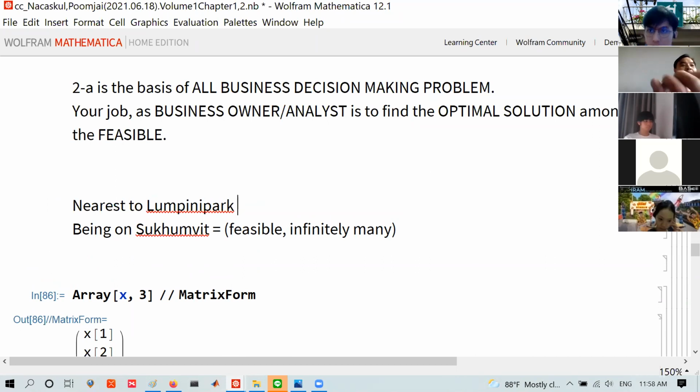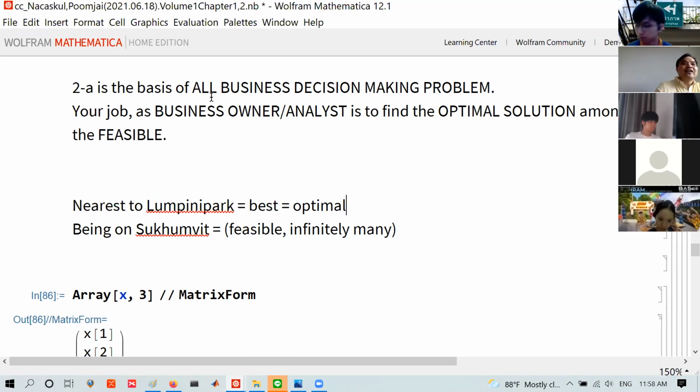This is what we mean by best or optimal. And in this case, there's only one spot. There's only one place on Sukhumvit Road that's nearest to Lumpini Park. And that would be near the intersection with Wireless Road.